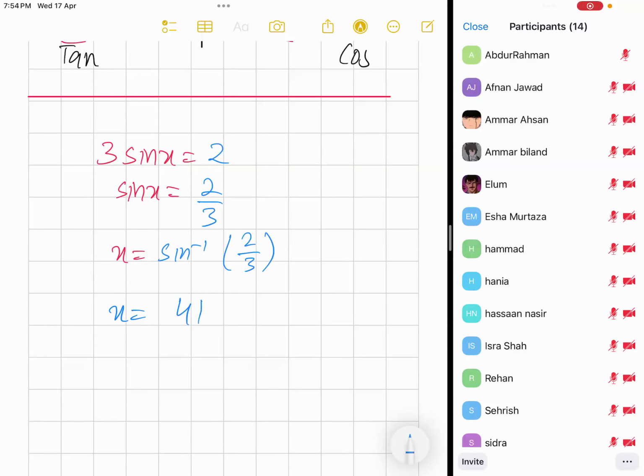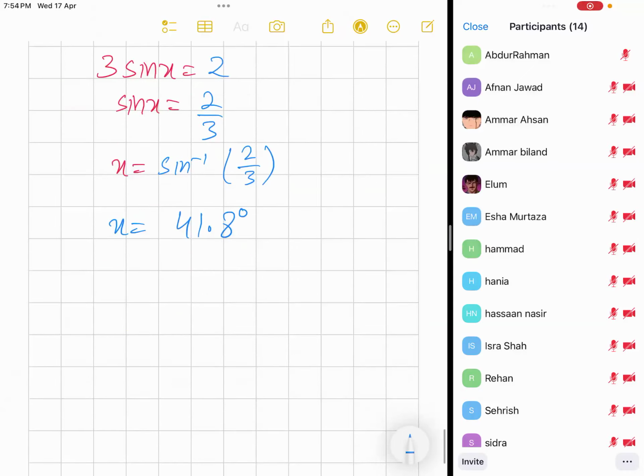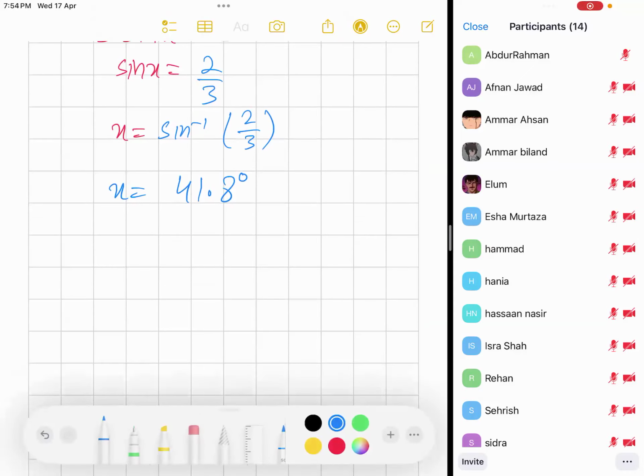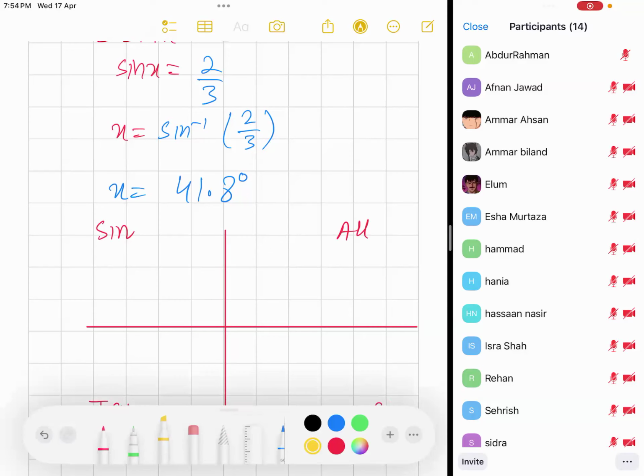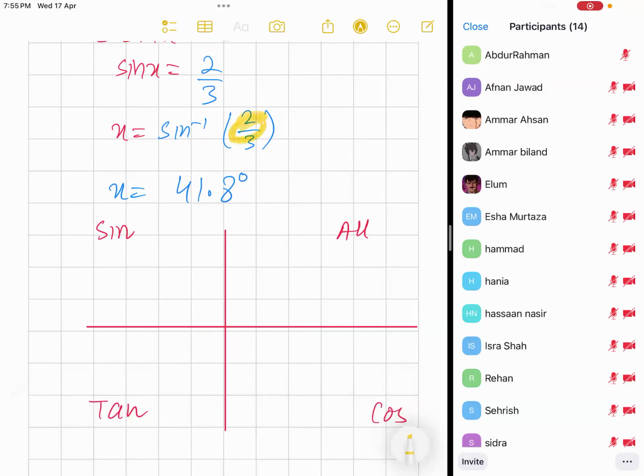41.81, 41.8 degrees. Okay, now wait a minute, let me find out the other angle having the same value. You can see very clearly that sine is positive, yes or no? And sine is positive in this region, which was theta, and this region was 180 minus theta.